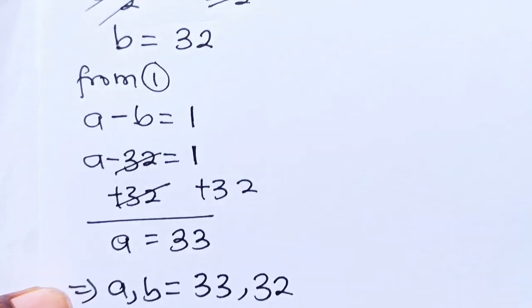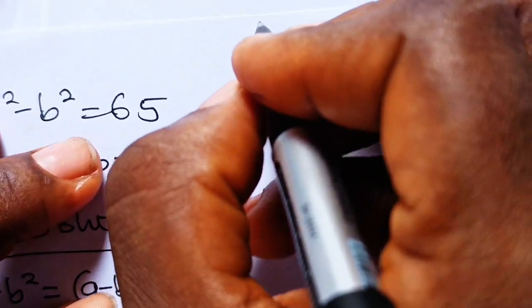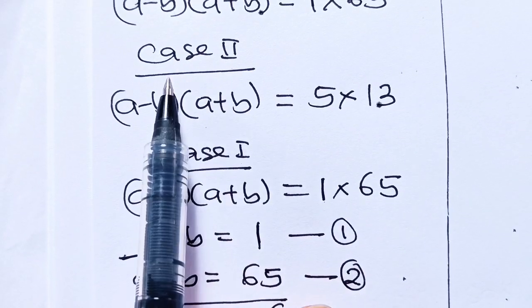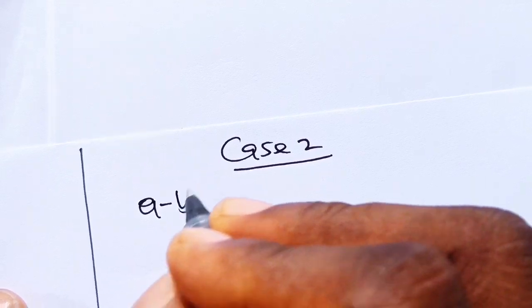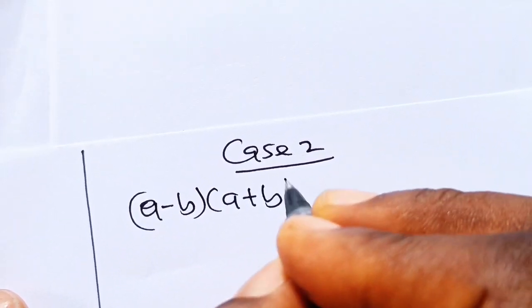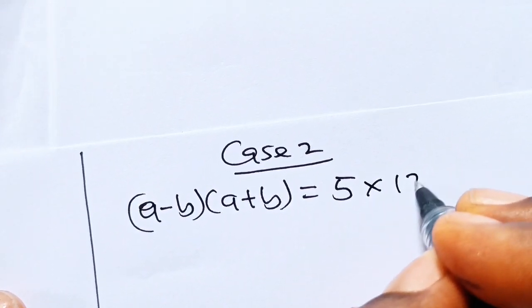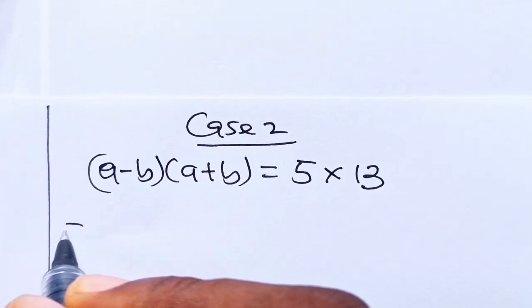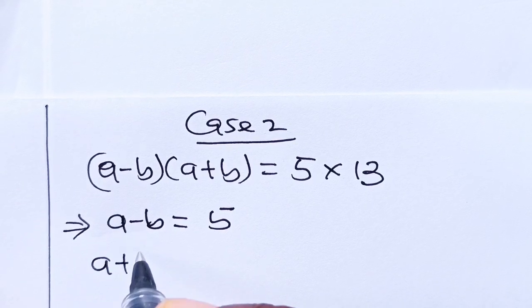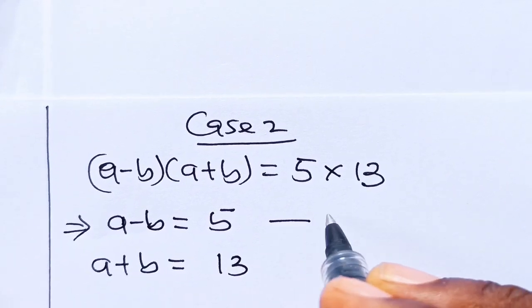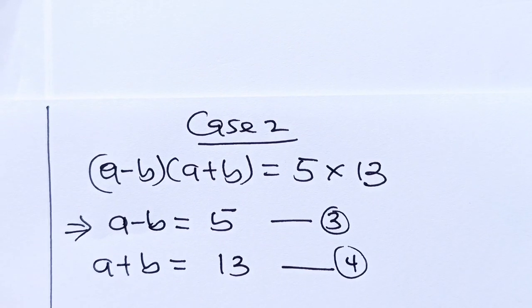Now for case 2, according to our case 2, we have that (a minus b) multiplied by (a plus b) is equal to 5 multiplied by 13. So this simply means that a minus b is equal to 5 and that a plus b is equal to 13. Let's call this equation 3 and this equation 4.